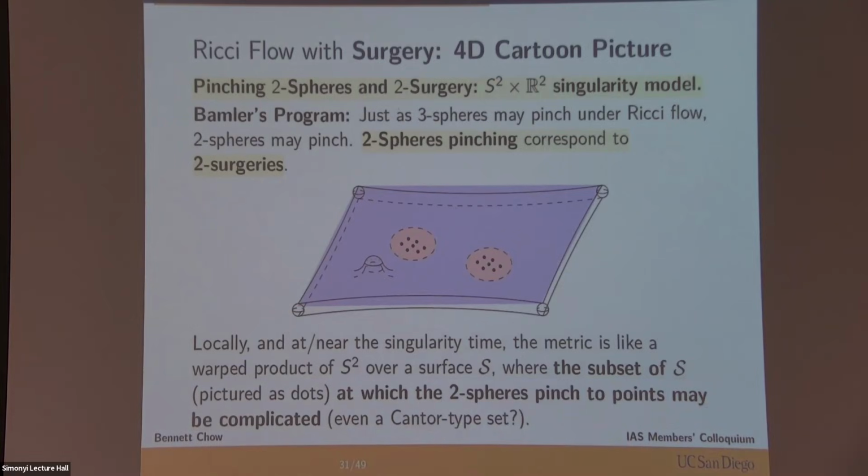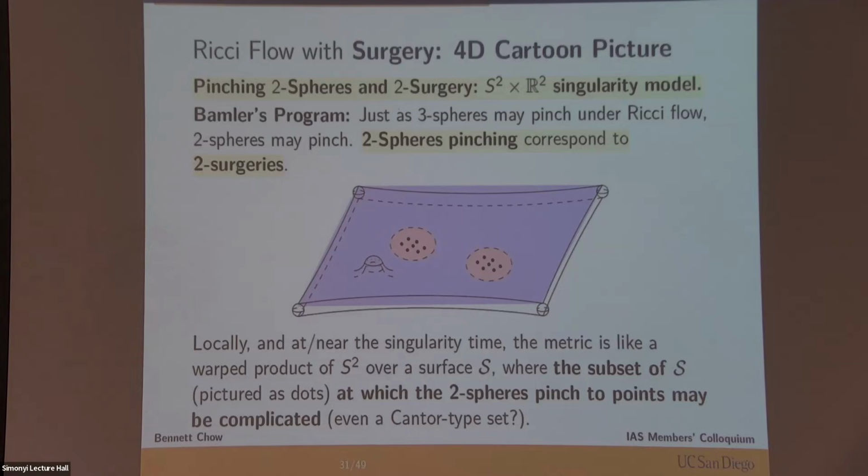Something more complicated, but still a little bit idealized, is: what if we have an S2 cross R2 singularity model? The point is, when you have a singularity model, there could be different versions of it. So at infinity, some core part of the Lie's steady soliton looks like S2 cross R2.